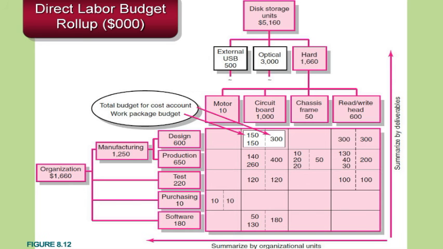Ultimately, we did $600 worth of design work, $650 worth of production work, $220 in testing work. We did some purchasing work. We did some software work, and we eventually can roll all that up to the total cost of the hard disk within the organization. You can see here that $1,660 exists within the organization, and also exists within the hard disk roll-up number for that deliverable.